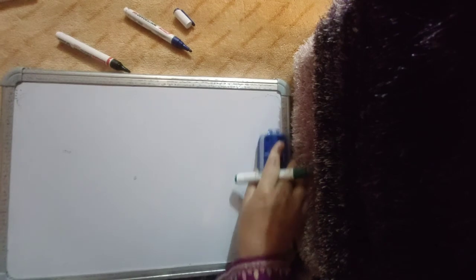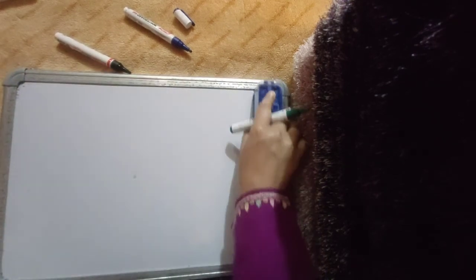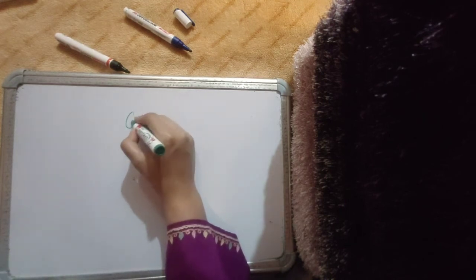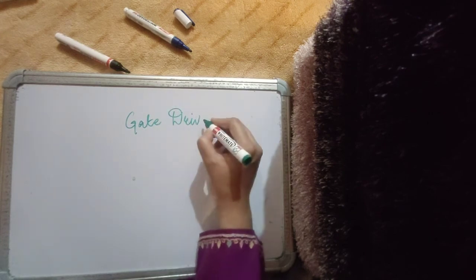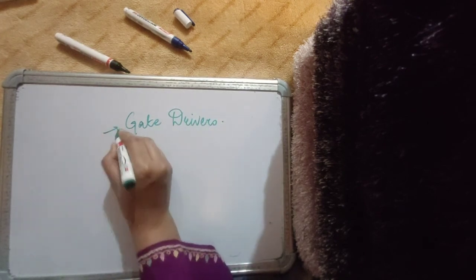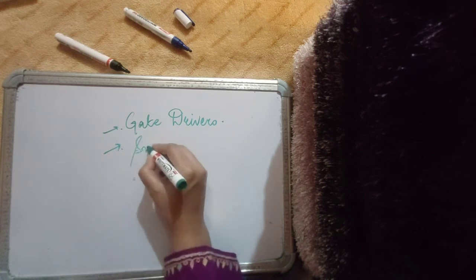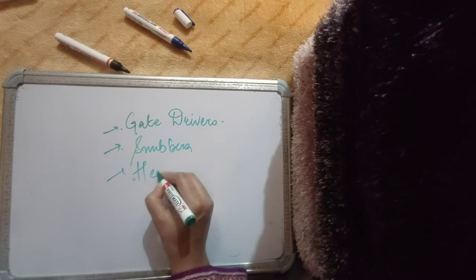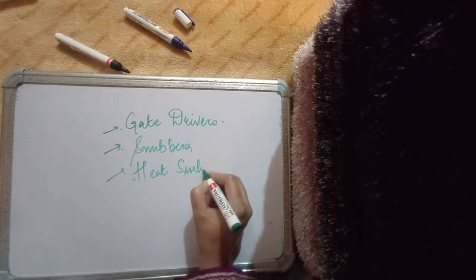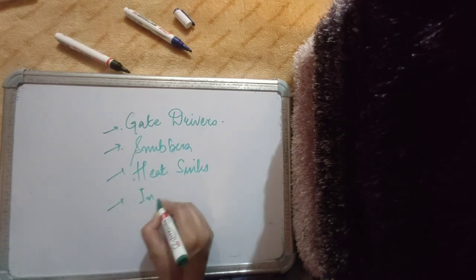Now hopefully we should have a Google Meet session, where we can take up data sheets and explore various aspects of design, such as design of gate driver circuits. I'll share data sheets with you on gate drivers, and then design of snubbers, then design of heat sinks. We have discussed all of these, and in terms of passives we have designed inductors.